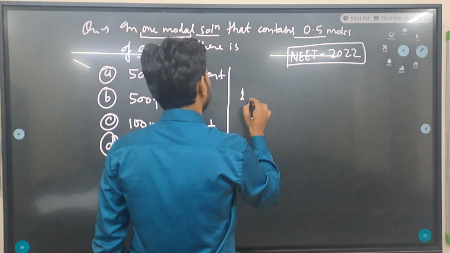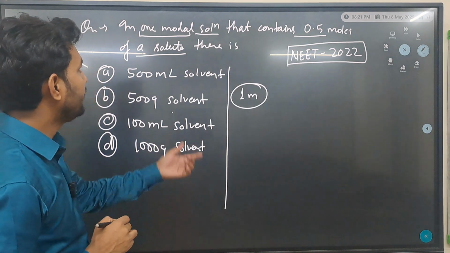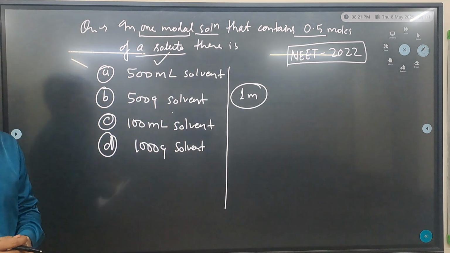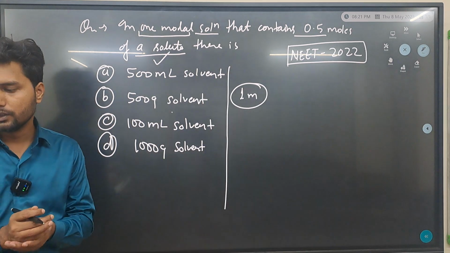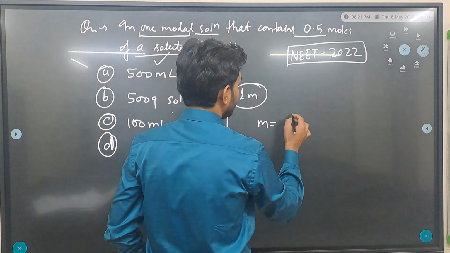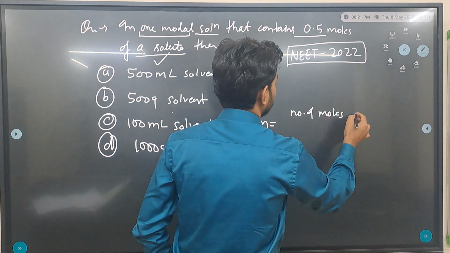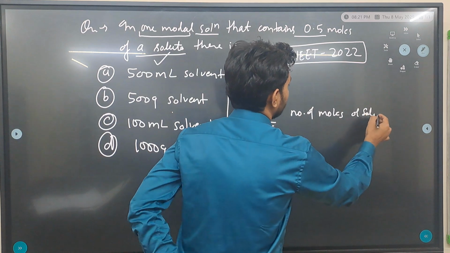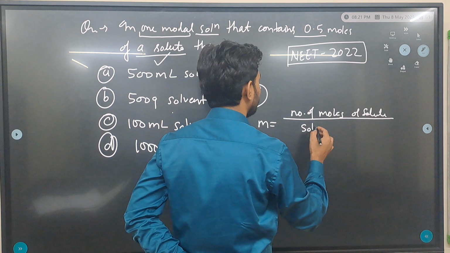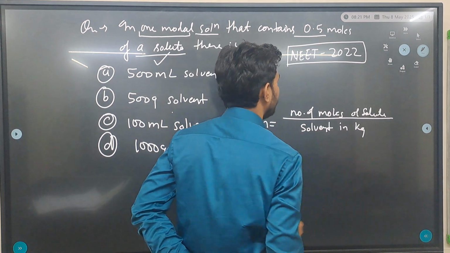Molality is given and we are asked the amount of solvent. So you know the direct formula of molality. Molality is equal to number of moles of solute divided by solvent in kg.